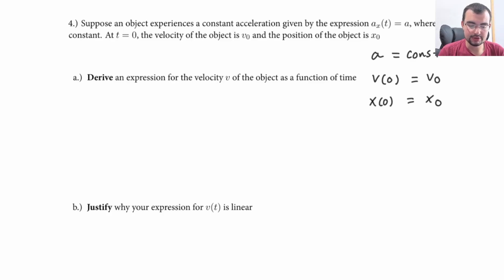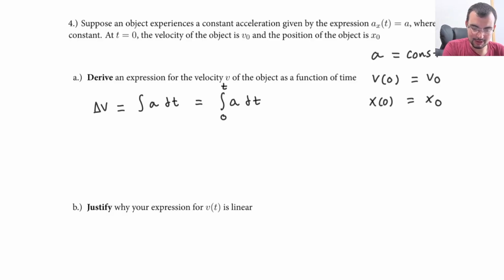All right, so we want to find the velocity given acceleration. We said that delta v would be the accumulation of all the velocity changes. So in our case, our velocity is changing between 0 and some time t that we're interested in. Our acceleration function is just a constant a with respect to t.